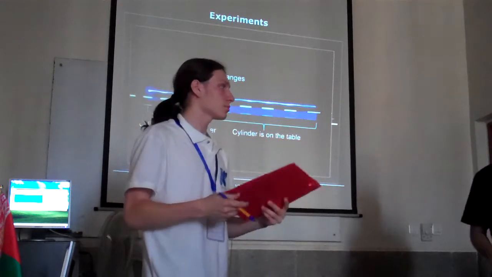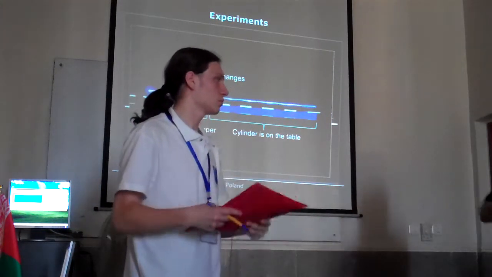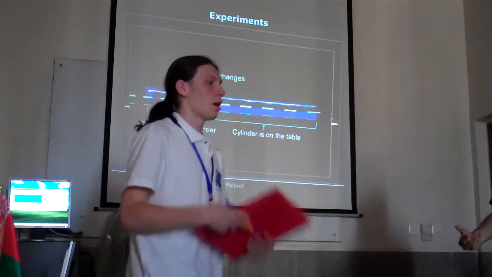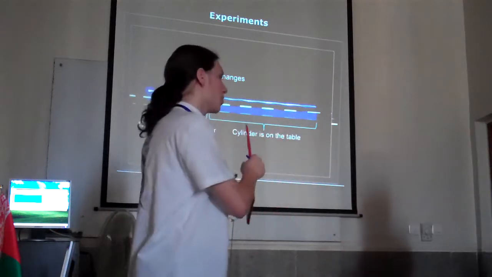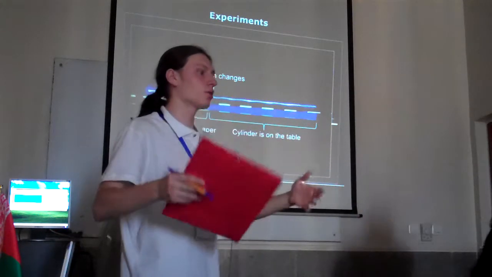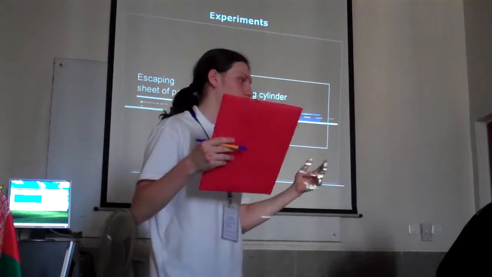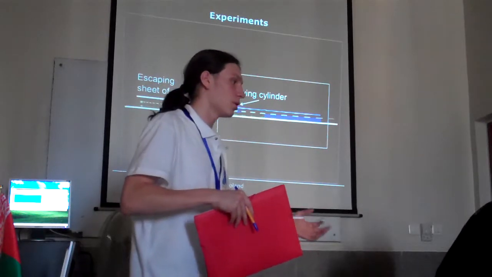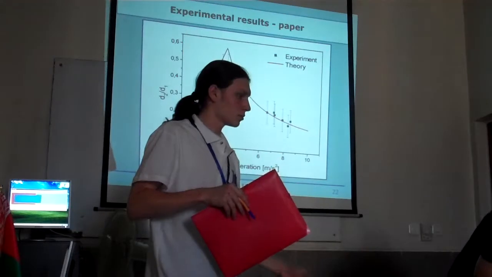Rolling friction, we tried to assume the rolling friction for our cylinder, and we found it to be negligibly small. Well, okay, but if we decrease the acceleration of the paper, the rolling friction may start to be really great in comparison with the friction forces acting by the paper. We ran experiments for low accelerations.